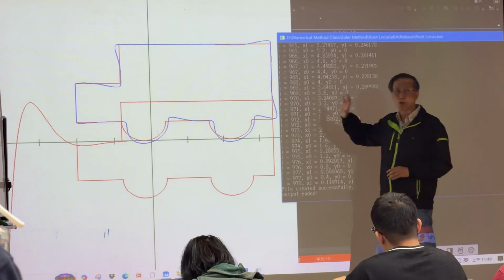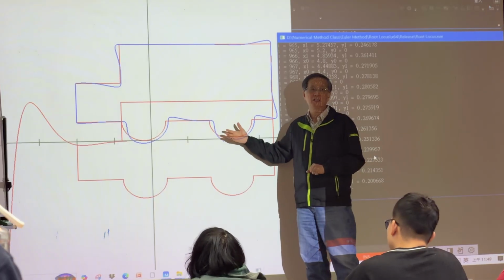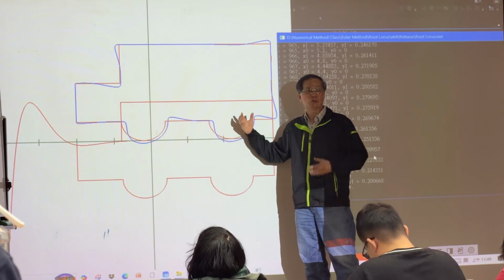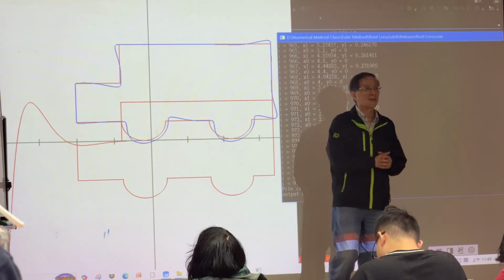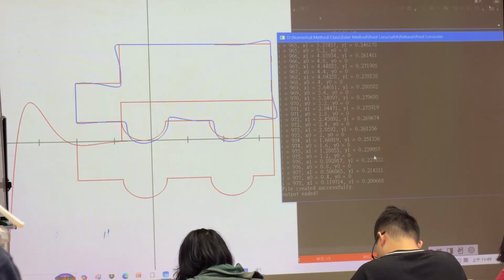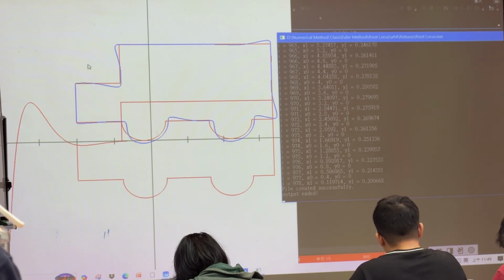I'm just going to show you that by solving this numerically, we can actually reveal the problem, and then we worry later about how to solve it. But this is already a very important application to show you that dynamic systems do have errors. And if you move faster, they have bigger error.